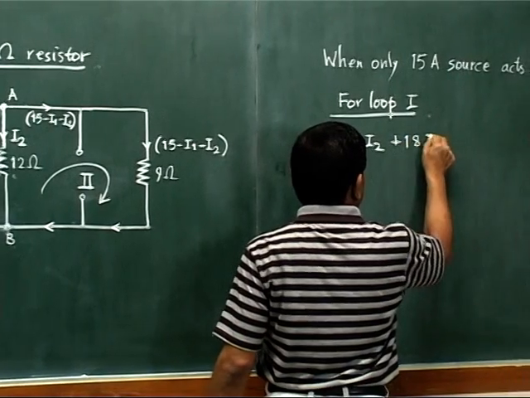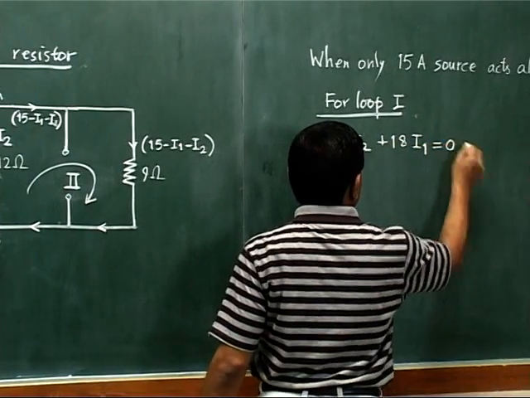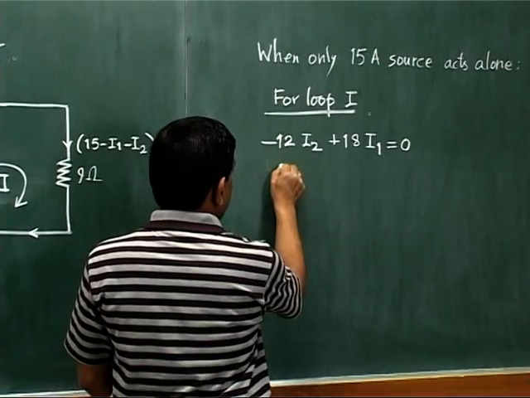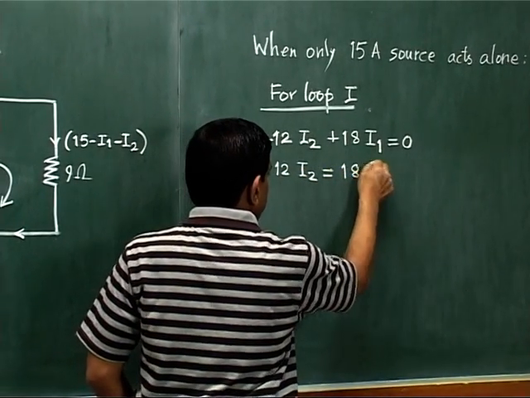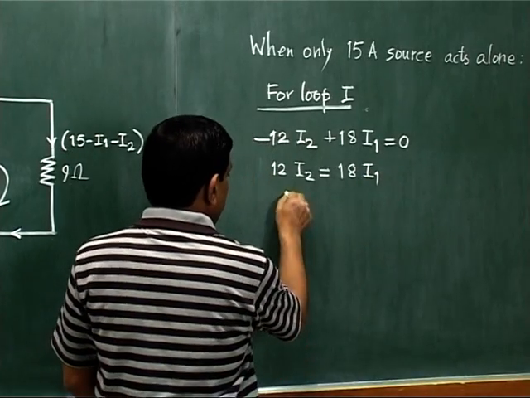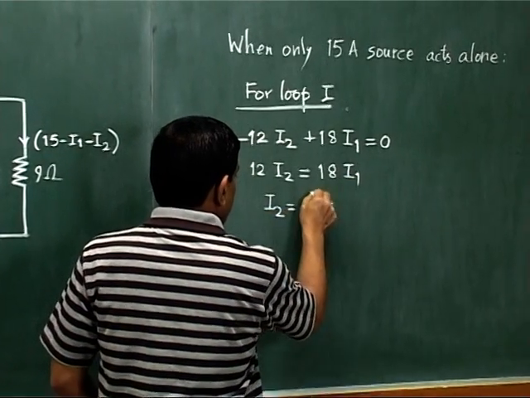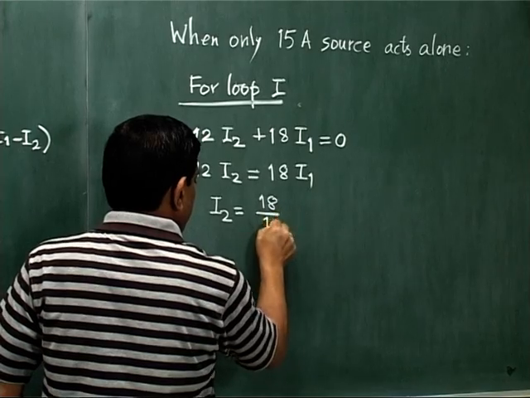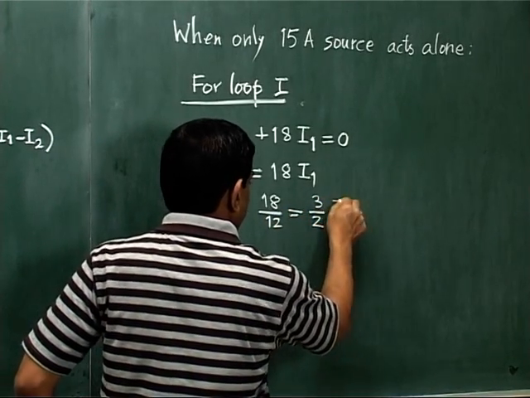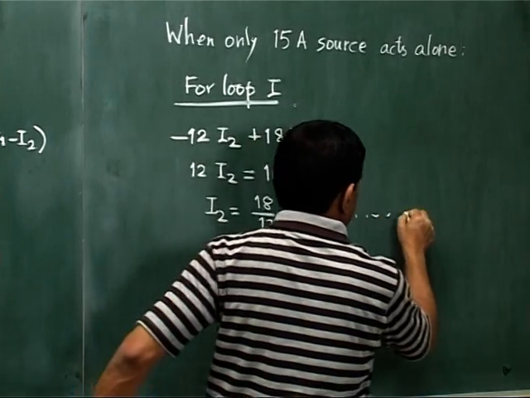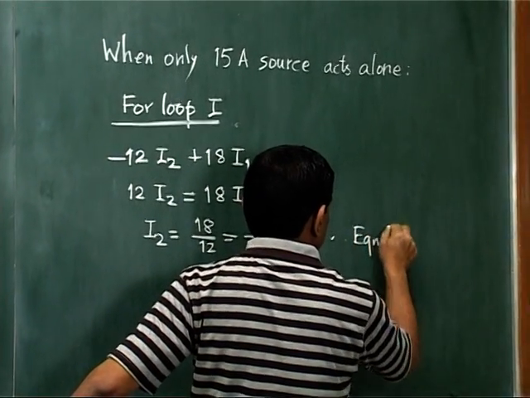So plus 18 I1. This all will be equal to 0. So let us simplify it. It means that 12 I2 must be equal to 18 I1, or we can say that I2 equals 18 by 12, that is equal to 3 by 2 I1. So this we can say is our equation 1.